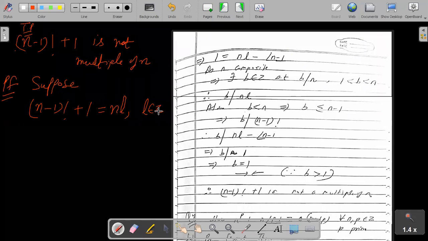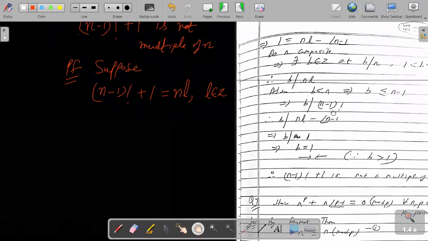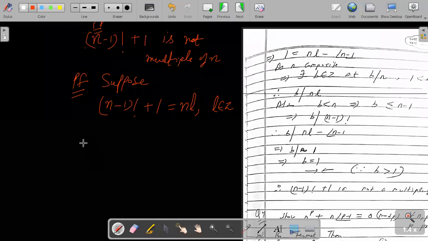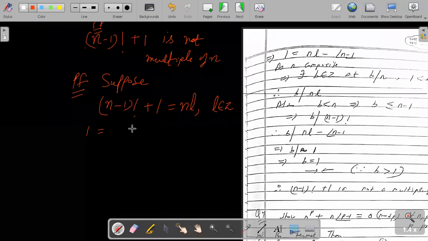Beta, is it fine? We have to bring a contradiction. So whenever you see a 1, bring the 1 to one side. Now what is given to me?